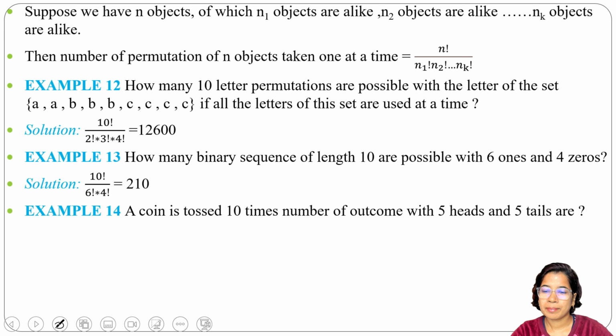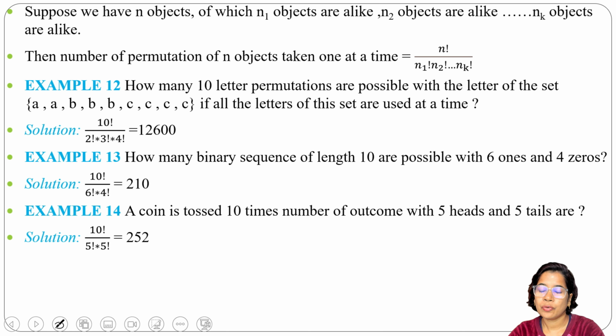Now another example, example 14. A coin is tossed 10 times. The number of outcomes with 5 heads and 5 tails are? In total we are tossing 10 times, so the number of possibilities that 5 heads and 5 tails come is 10 factorial divided by 5 factorial multiplied by 5 factorial.